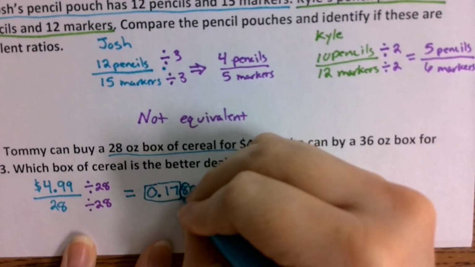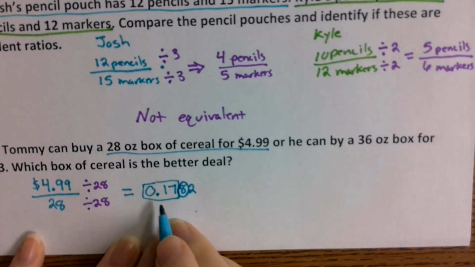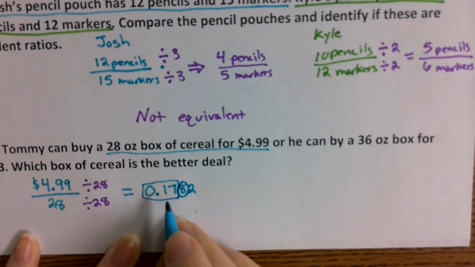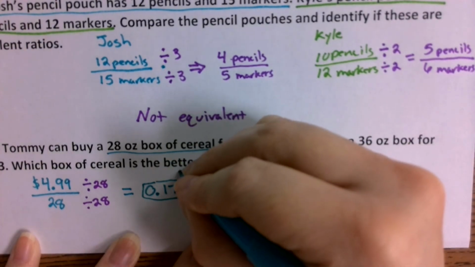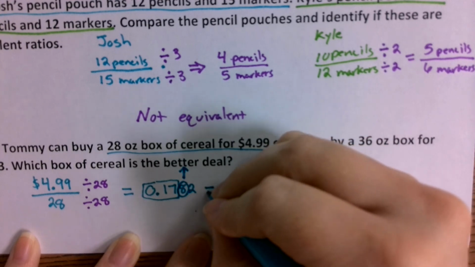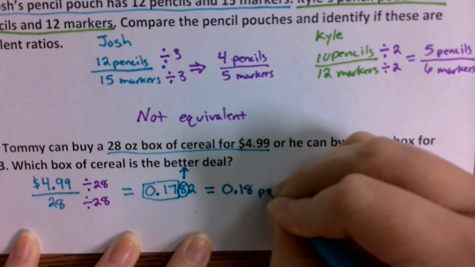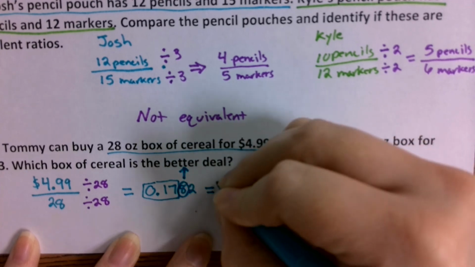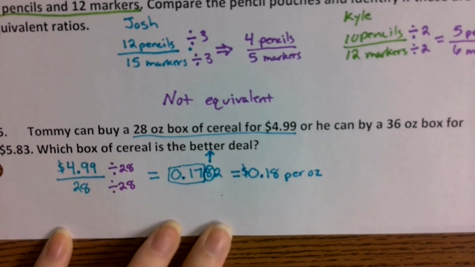This 8 is going to tell us to either keep it at 17 cents or round it to 18 cents. Are we going to keep or round up? Round up. We got to round it up. Okay, so this is going to come out to 18 cents per ounce.